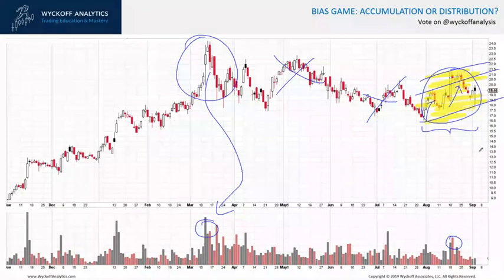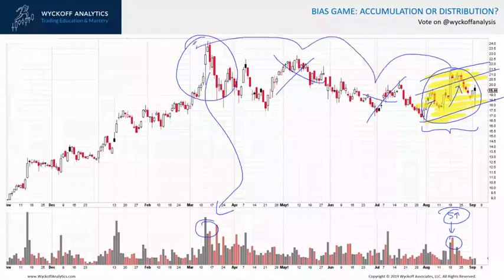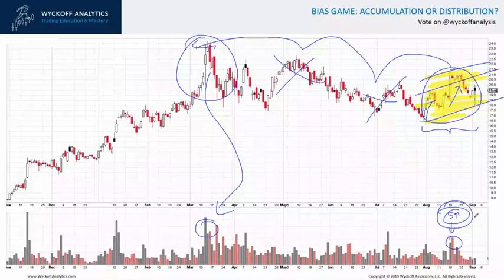At this point, there is no other bias that I could think of. I'm trying to figure out how to think of this with a more bearish bias, and I can't find anything except maybe some supply coming in right here. And without any references to the past, we can't really understand this supply. Is this a damaging supply, or is it supply that is being absorbed? There are some clues here.